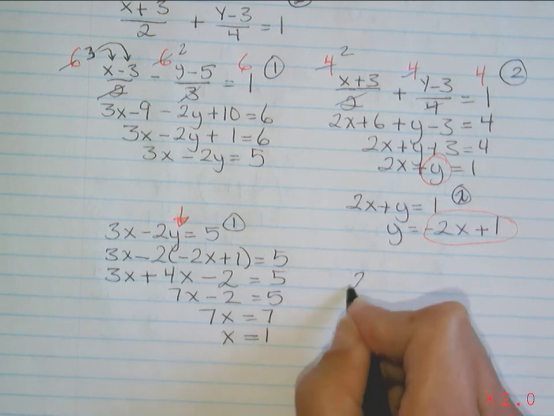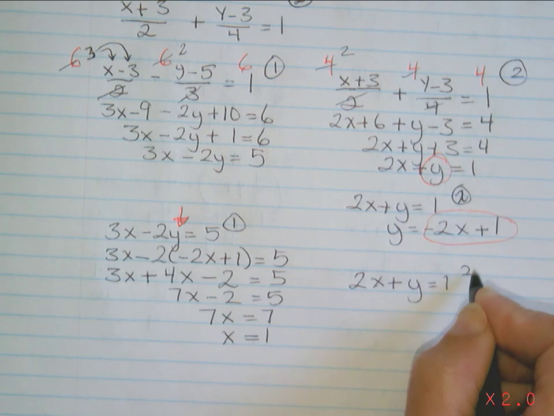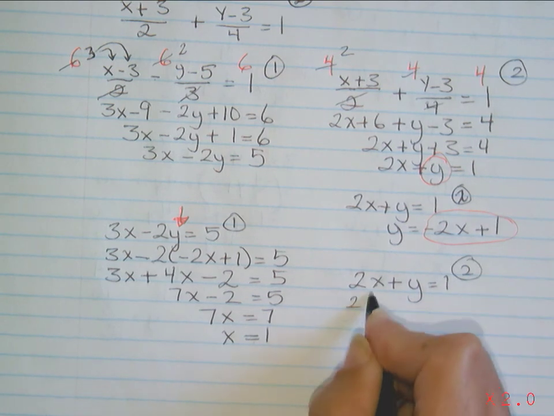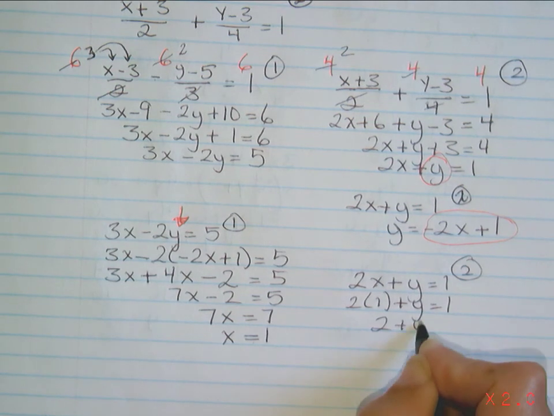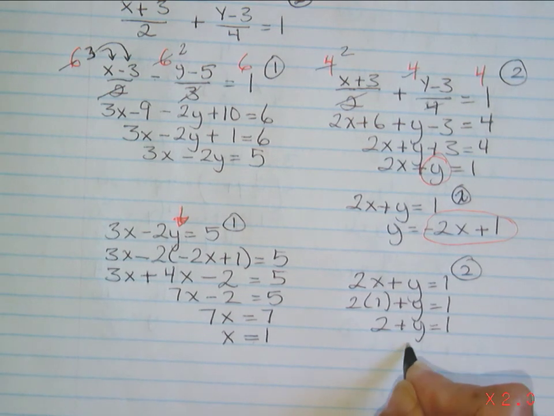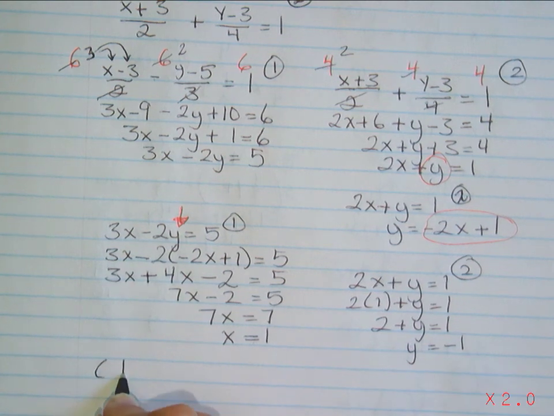I'm going to use equation number 2 because I like to go 1, 2, 1, 2. I just keep going back and forth. 2 times 1 plus y equals 1. 2 plus y equals 1. Subtract 2 from both sides and y equals negative 1. So your solution is 1 and negative 1.